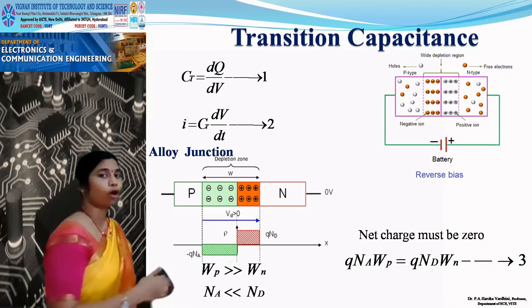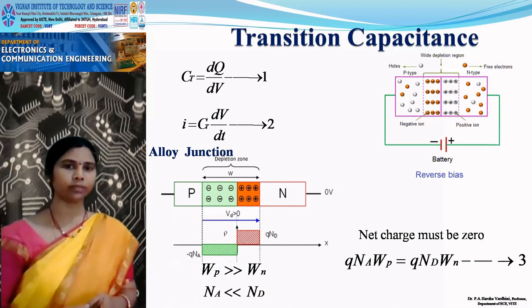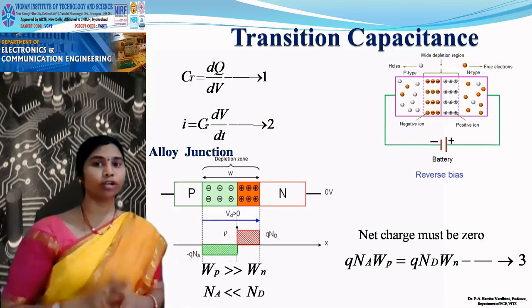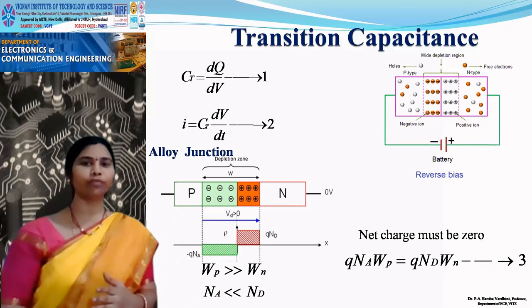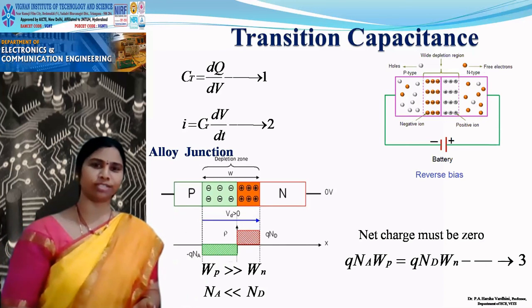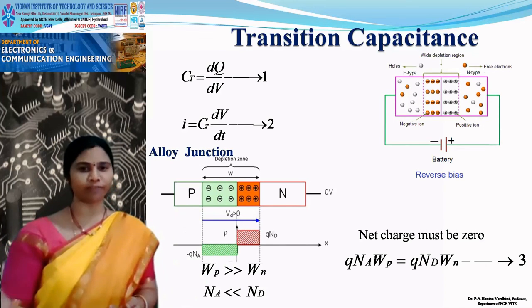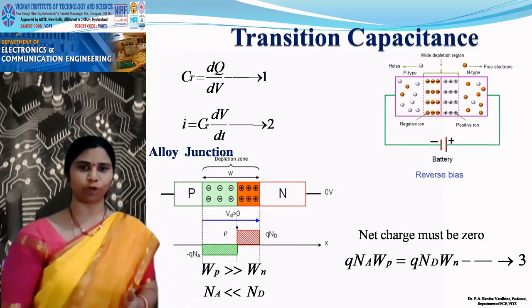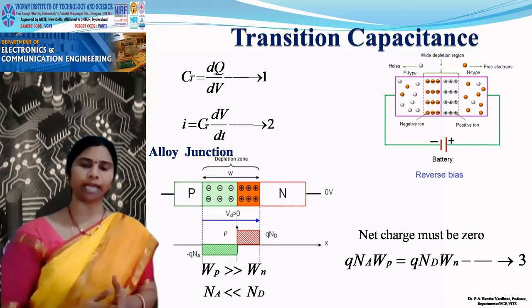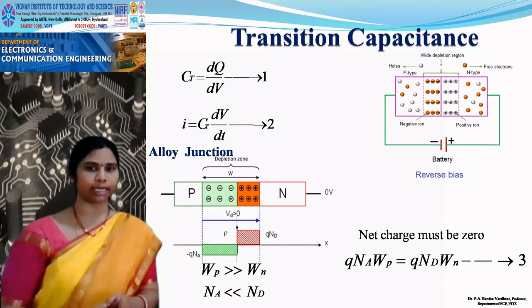If you check these concentration levels now, as more electrons are there in this N-type region, the number of electrons is equal to the donor concentration. The number of holes is equal to the acceptor concentration. You see the same when you have seen extrinsic semiconductors.